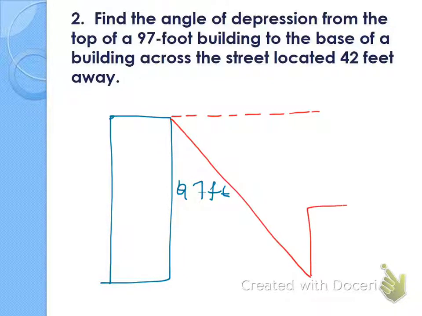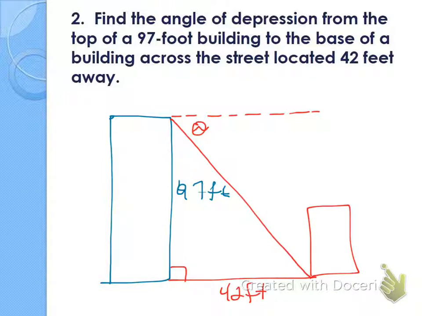So there might be another building over here. And we want to find this angle of depression. Now, the red building is 42 feet away, so there you go. And there you've got your right triangle, right?